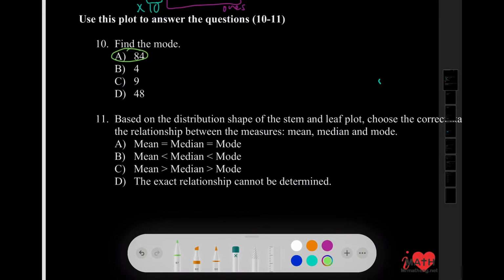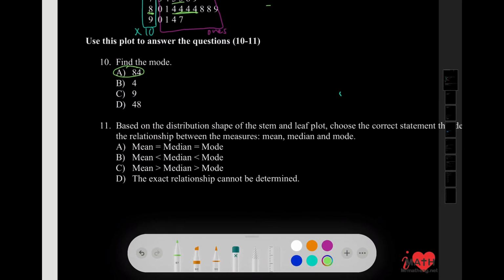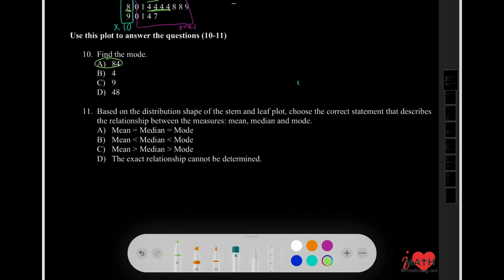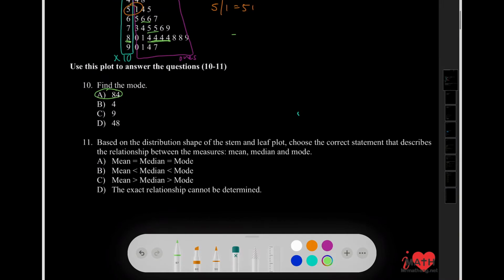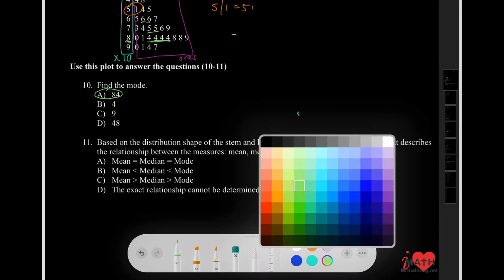All right, number 11. Based on the distribution of the shape of the stem-and-leaf plot, choose the correct statement that describes the relationship between the measures mean, median, and mode. Okay, so if I look at that one, see if I can pick a color I haven't used. How about red?